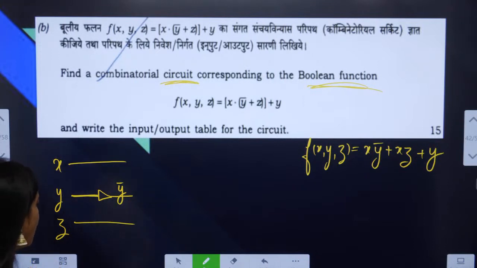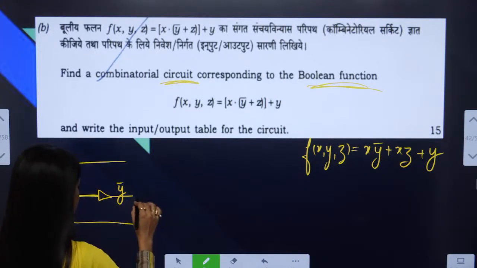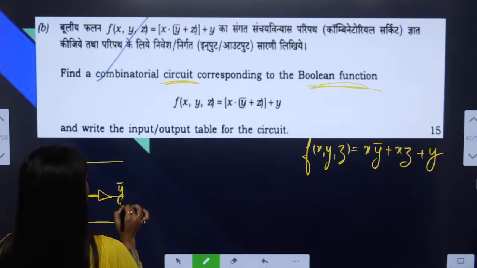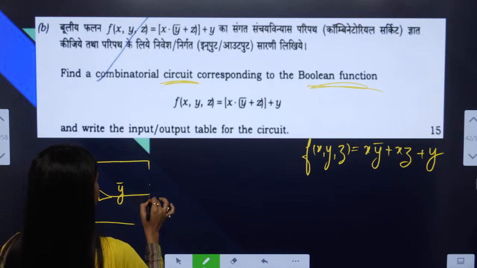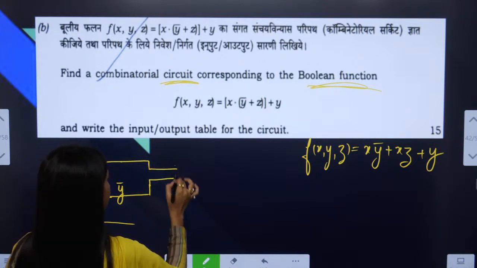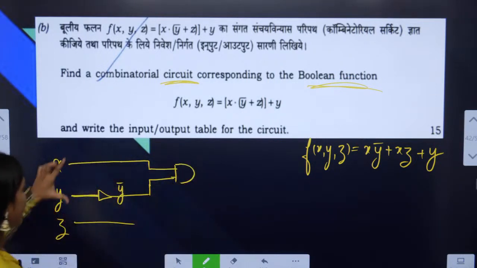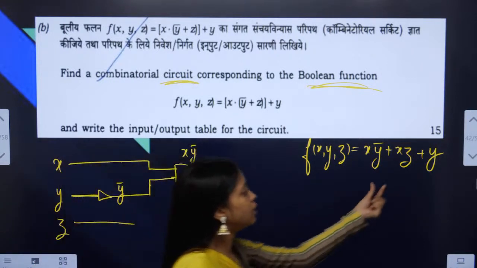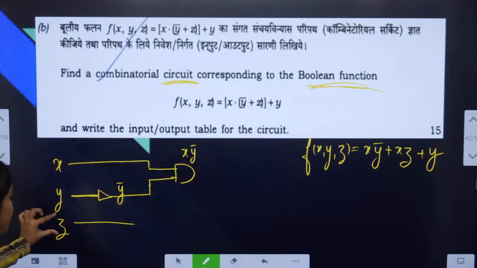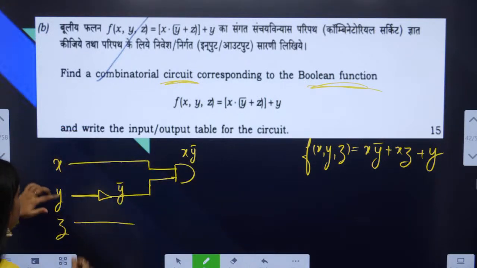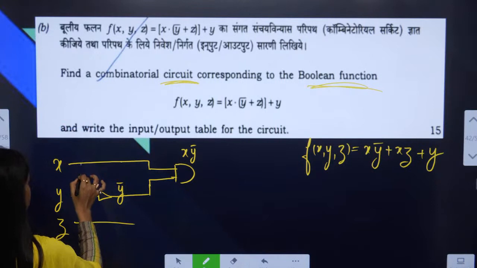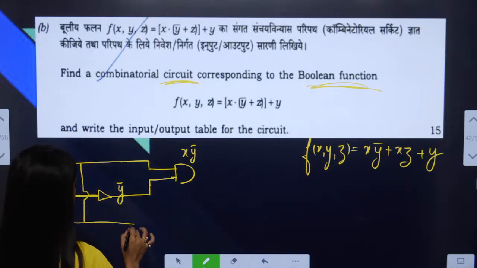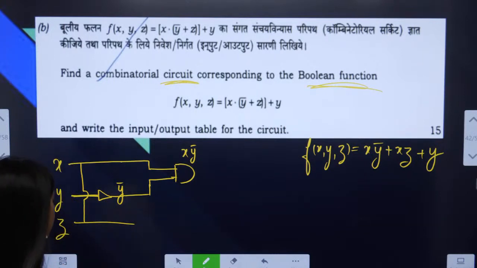After that I need the multiplication x y dash. This is representing x y dash. Now I want to multiply my x and z. So this x and this z, overlap of the circuits. So this will actually become this.